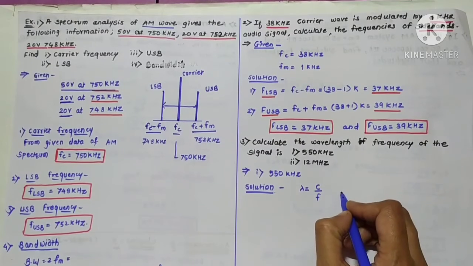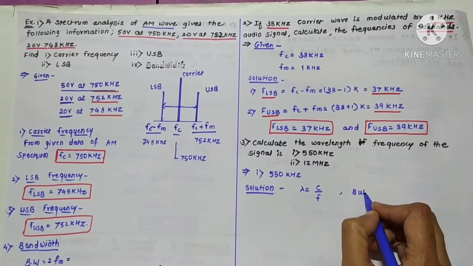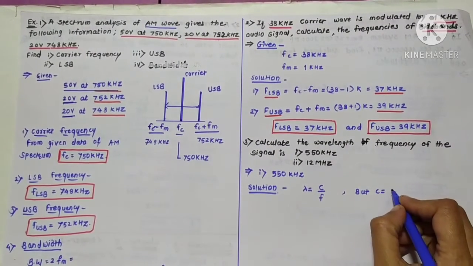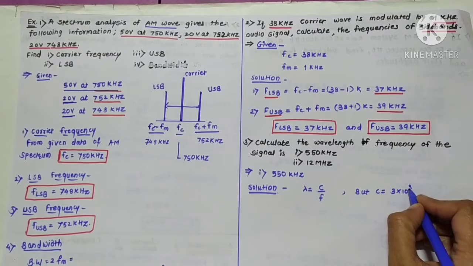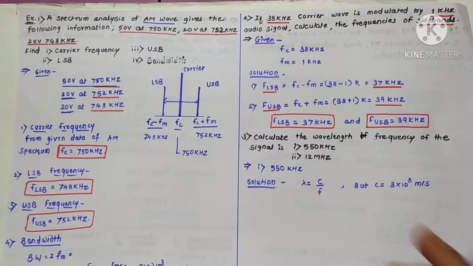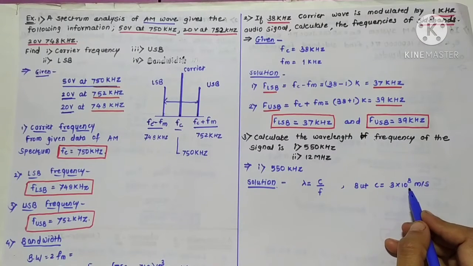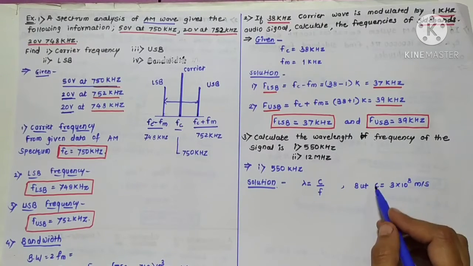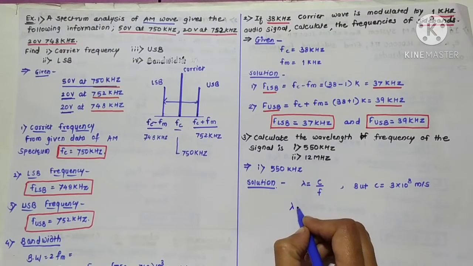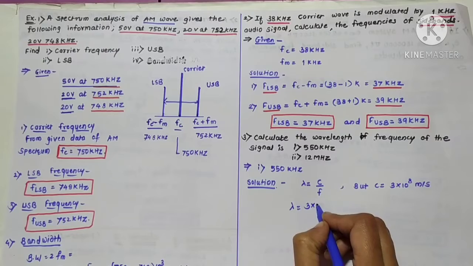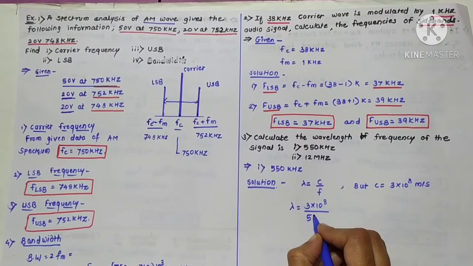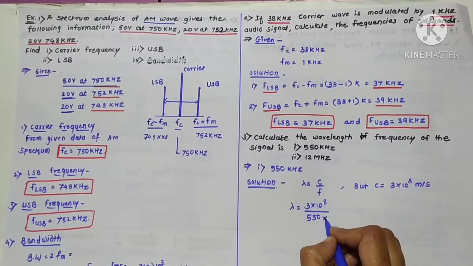Okay, but C is equal to 3 into 10 raised to 8 meter per second. Okay students, as the value of C is 3 into 10 raised to 8 meter per second, by putting this value in the formula of wavelength, lambda is equal to 3 into 10 raised to 8 upon the frequency, 550 into 10 raised to 3.